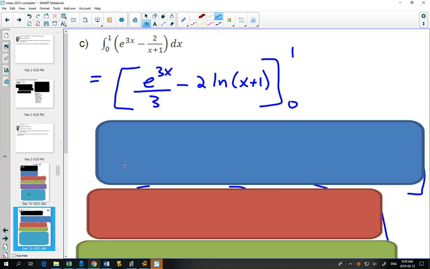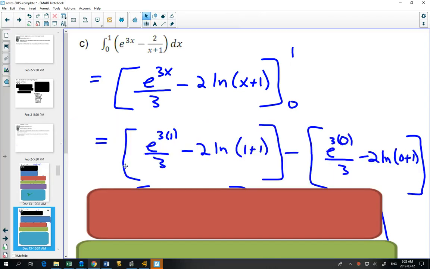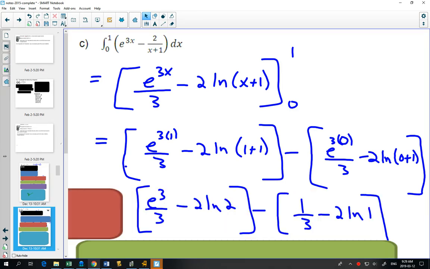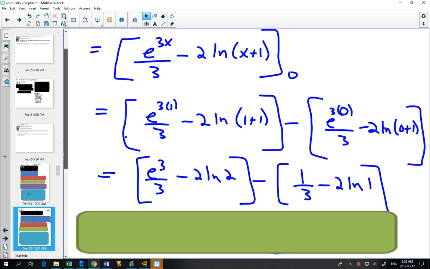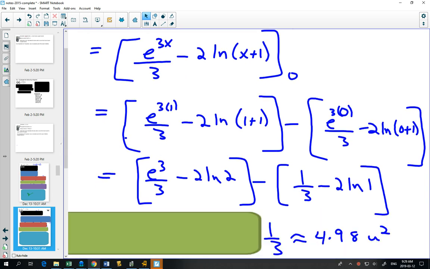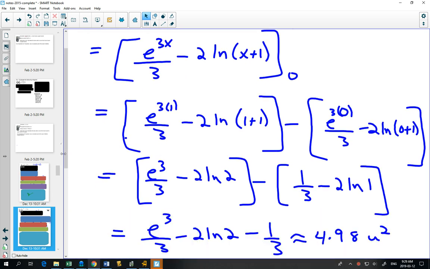And then plug in your values of one minus the other one. So this is how far you would get up to here without a calculator and be able to leave your answer like that. If you did go to your calculator to get that value, 4.98.